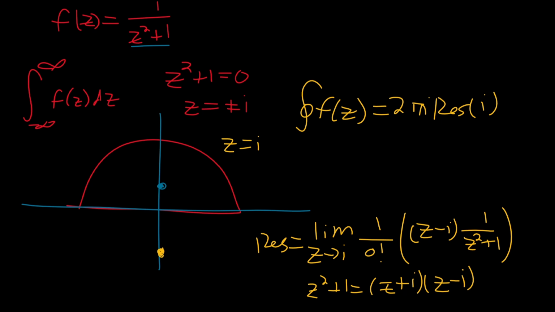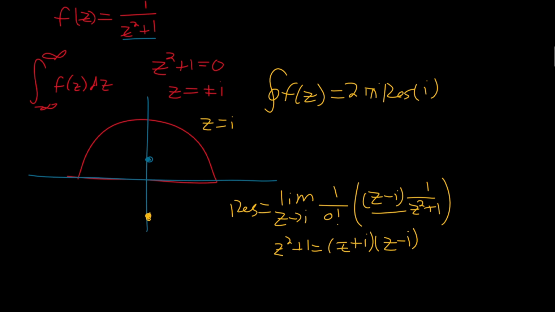When we factor it like this, one of the terms is going to cancel with the z minus i up there. And what that leaves us with is that this whole residue is equal to the limit as z approaches i of 1 over 0 factorial times 1 over z plus i.